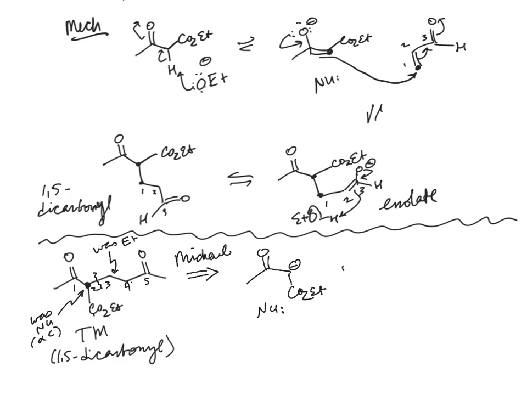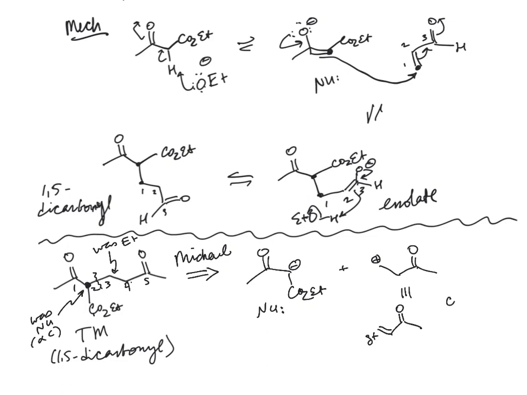But the electrophile that I want needs to be electrophilic in a position that is beta to a carbonyl. Okay, so how do we do that? What is the reagent that has that reactivity? We accomplish that by adding a double bond between the alpha and beta positions, right? That makes the beta carbon electrophilic.